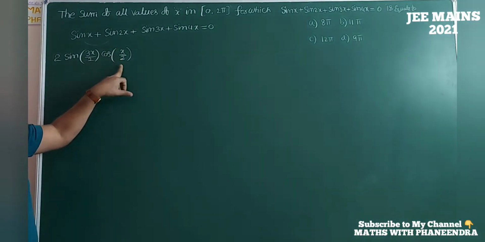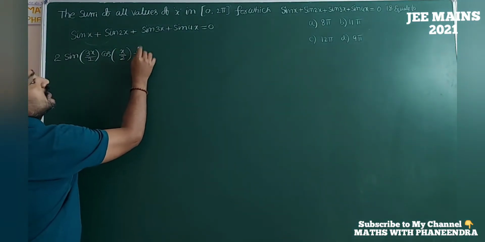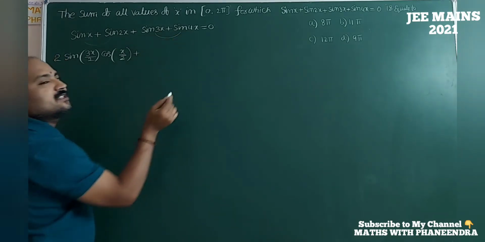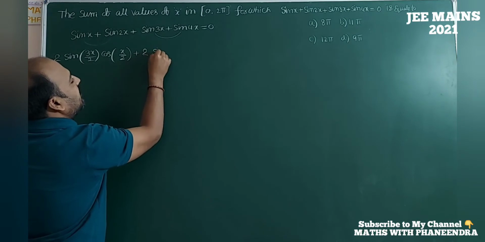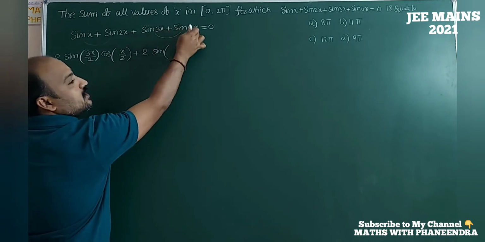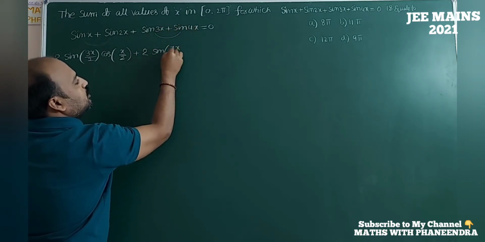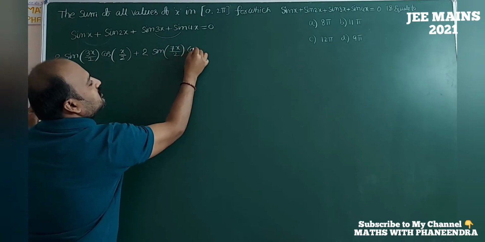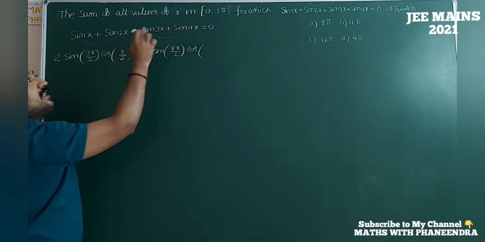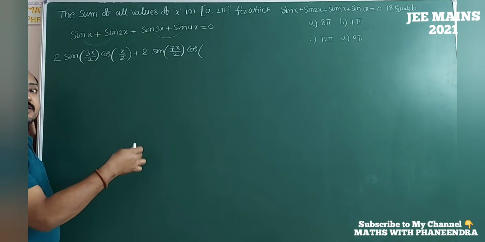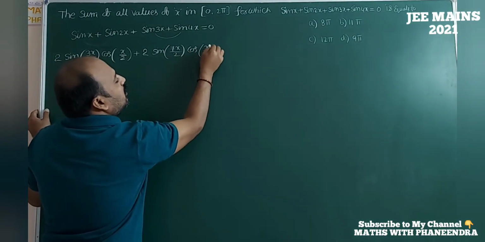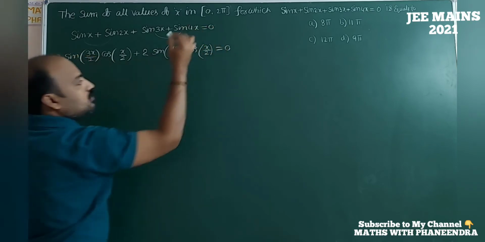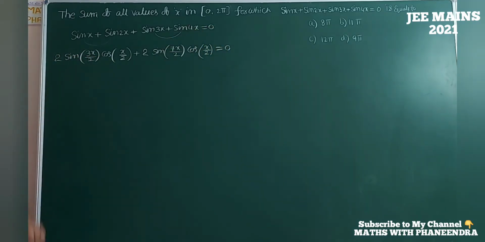So cos of x by 2 plus, again apply the sin c plus sin d formula. 2 sin of (3x plus 4x) by 2, 7x by 2, into cos of (3x minus 4x) by 2, that means minus x by 2. Again cos of minus theta is cos theta only. So cos x by 2 is equal to 0. I hope everyone understands.